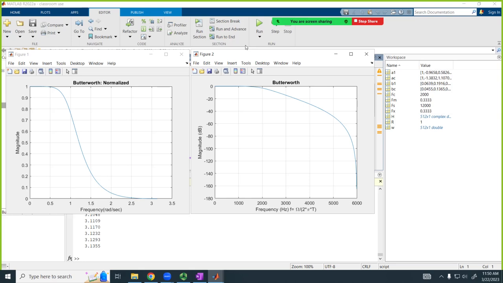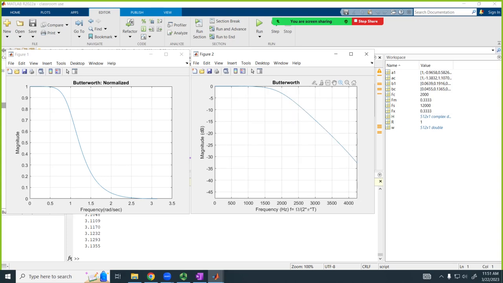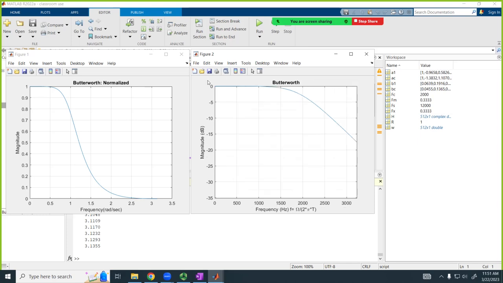And for this filter, so you can see what the 3 dB of this filter is.